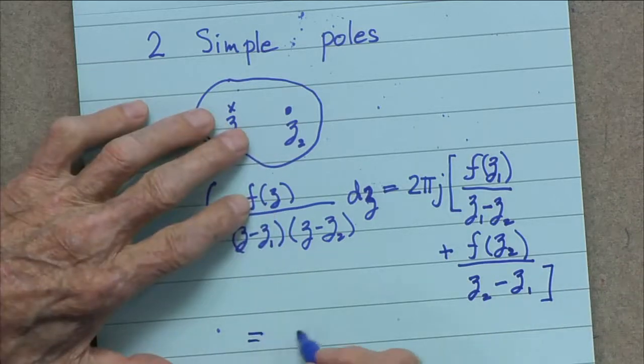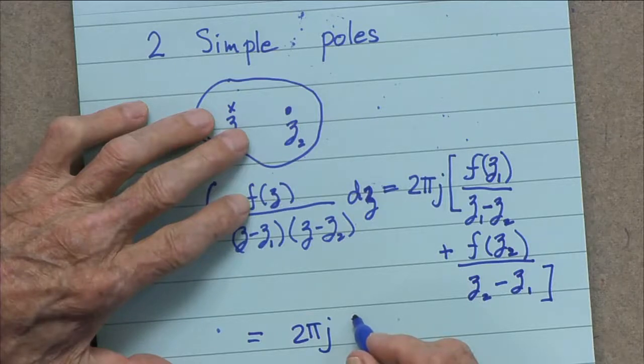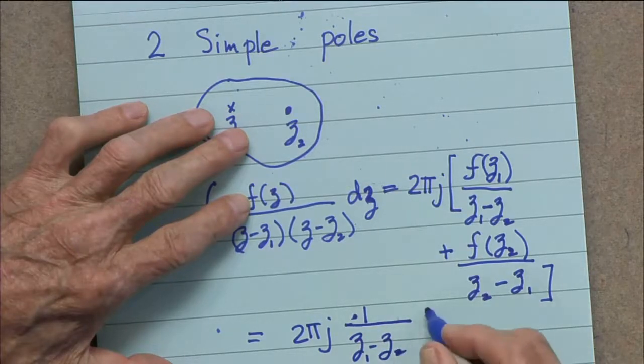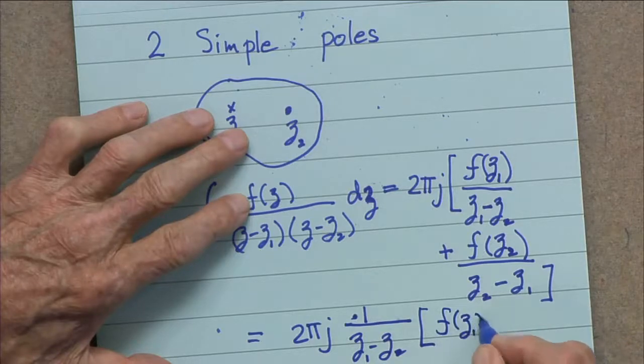And so this is 2 pi j times 1 divided by z1 minus z2 times f of z1 minus f of z2.